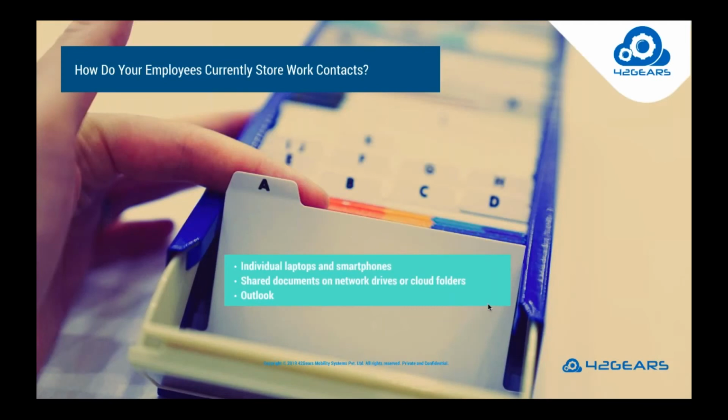Now let's see how businesses currently store work contacts. Employees store business contacts on individual laptops and smartphones. Many businesses have shared documents on network drives or cloud folders, or most often employees leave their contacts in their mail signature, which remains in Outlook.